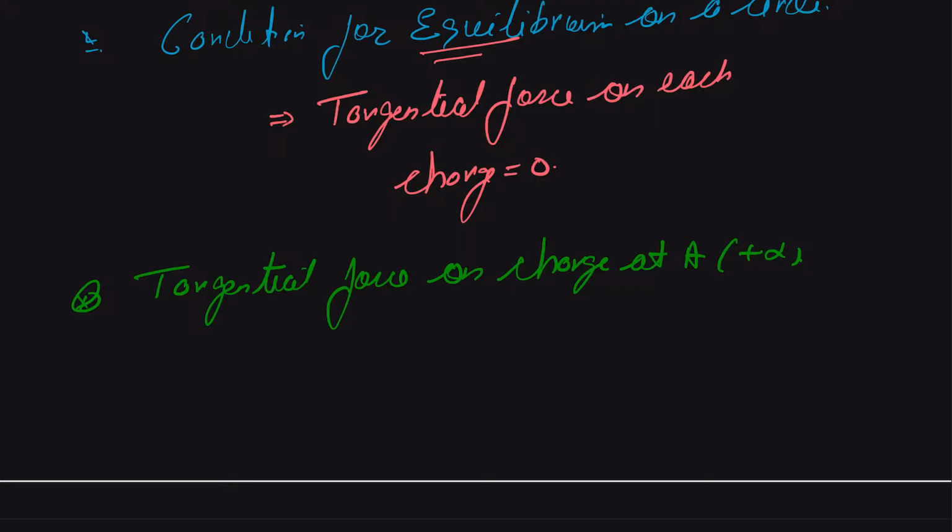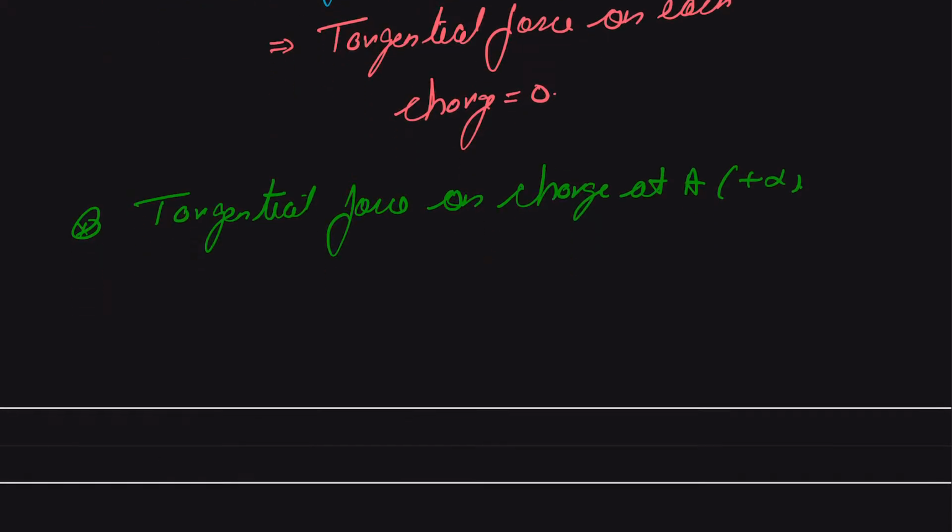So obviously there will be two contributions, and so the first will be because of our charge at B, which is at minus alpha.